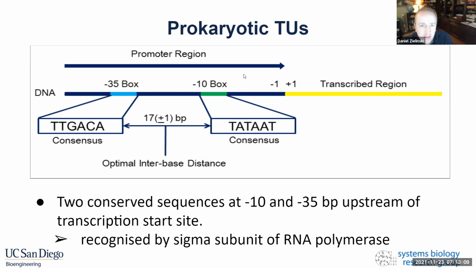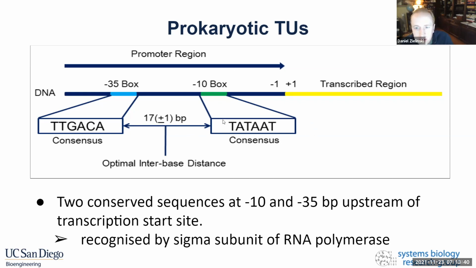So sigma 70 helps to recruit the RNA polymerase by binding these two motifs, the -10 and -35 box. You may be familiar with these kinds of consensus sequences from a molecular biology class, but for E. coli, it favors this TATAAT -10 box and the TTGACA -35 box with roughly a 17 base pair spacer between them.